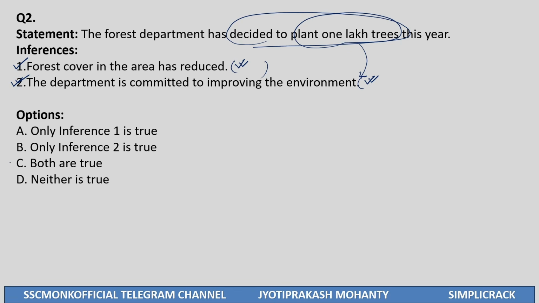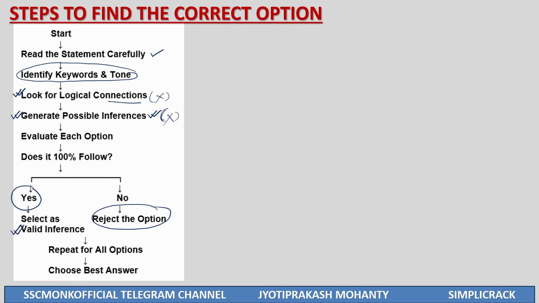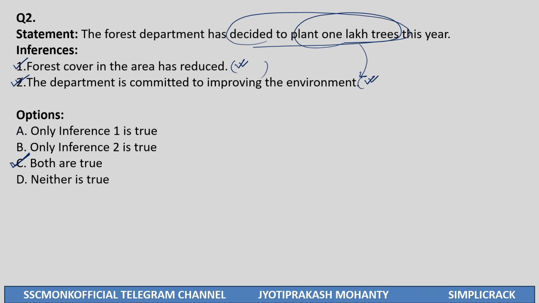That means option C is my right answer, that both inference 1 and 2 are correct. Clear? So we will always be checking this. We'll check whether the given inferences are logical and whether these are possible inferences. That's all about finding right inferences from the statement.